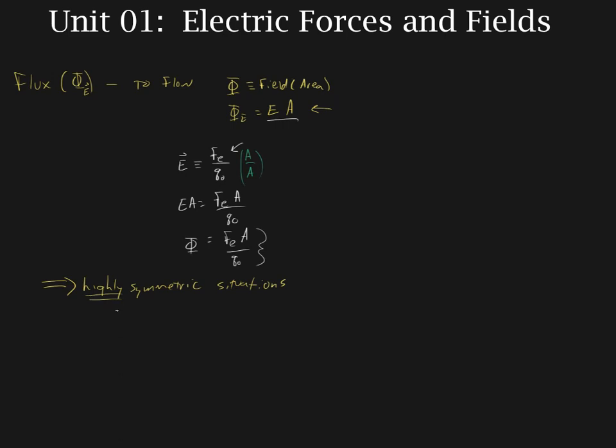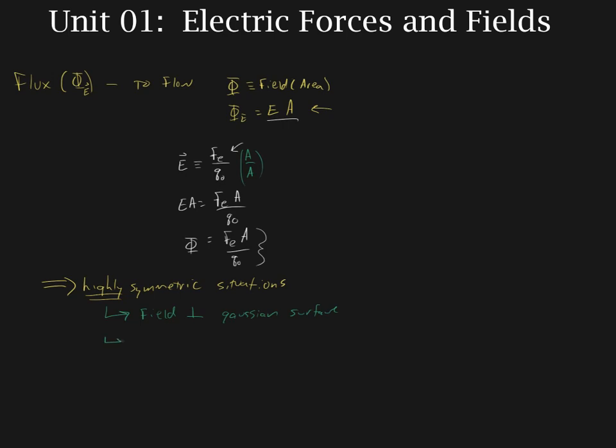And highly symmetric is really key here. Now, what does it mean to be highly symmetric? Well, highly symmetric is going to mean that the field is everywhere perpendicular to what we call the Gaussian surface.